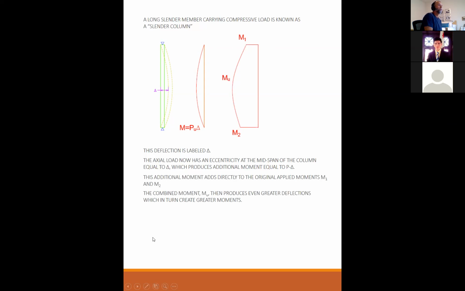The combined moment, M sub u, then produces even greater deflections, which in turn cause greater moments. Depending on the degree of slenderness and the magnitude of the original moments M1 and M2, this cycle may converge to an answer, or it may prove to be unstable. In other words, it may or may not catch itself. It could collapse.